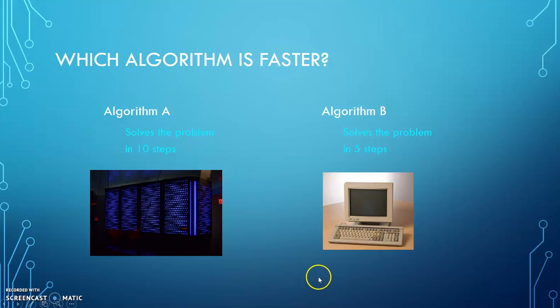So it goes without saying that algorithm A, even though it takes twice as many steps, is going to run way faster because of the machine that it's running on. So that's an example of why we use big O to compare algorithms, because that takes this out of the equation. Whether we're running it on a machine like this or a machine like this or anything in between, it becomes a non-issue when we express the algorithm's performance in terms of big O.